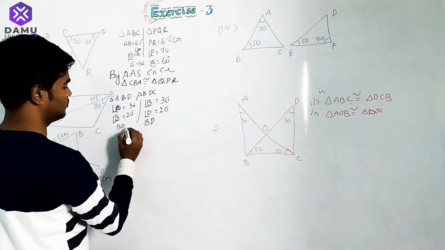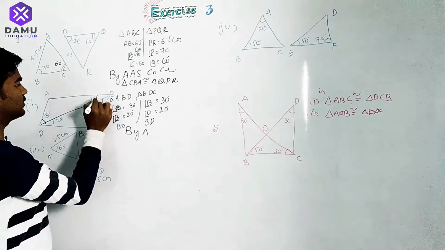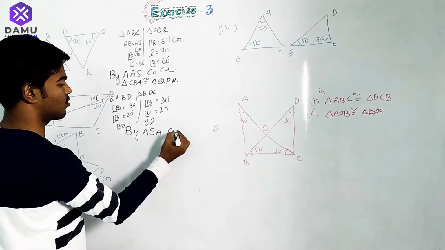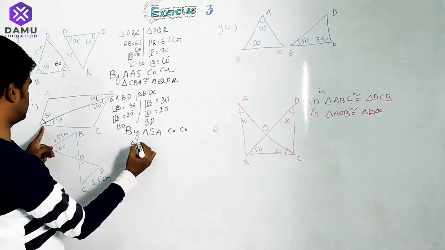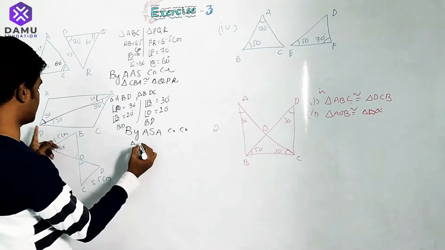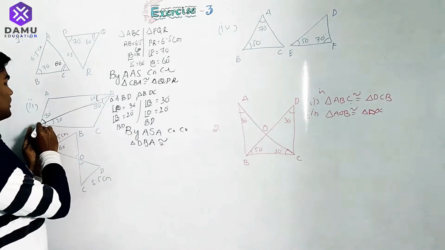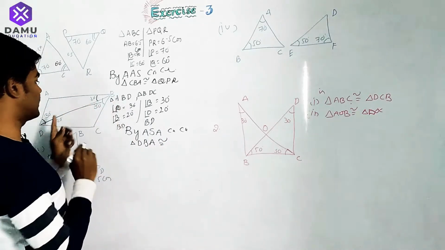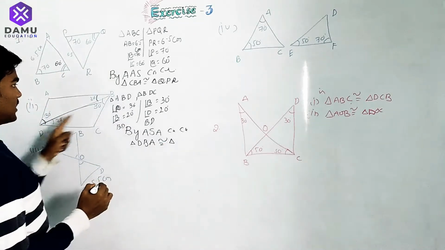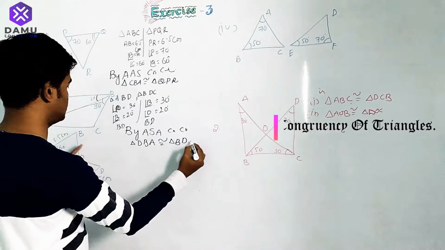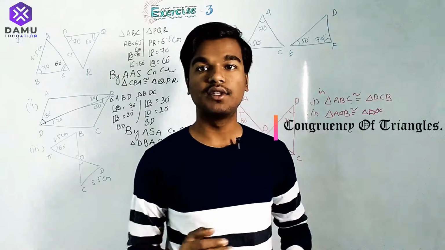By the ASA congruency criterion, what you can write is triangle DBA is congruent to triangle BDC. We started at 30 and B, going in the direction of DB, then 20 and A. Like this we need to write the criterion.